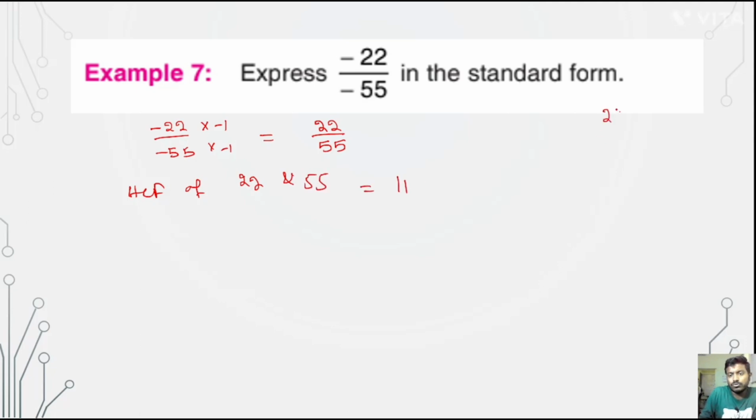Okay, find out 22 comma 55: 11 2s are 22, 11 5s are 55. So the HCF is 11. Now 22 divided by 11 and 55 divided by 11. Now 2 divided by 5. So the answer is 2 by 5.